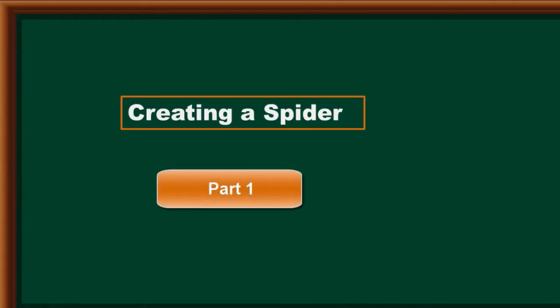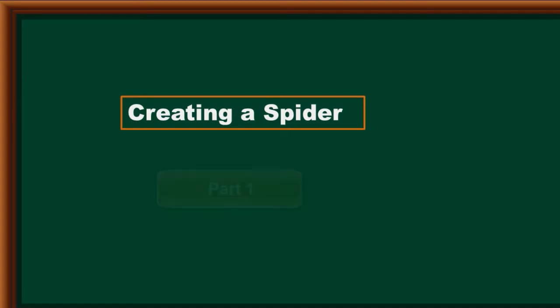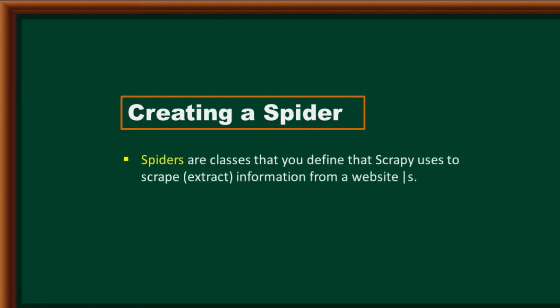We are going to create a spider. What are spiders? Spiders are classes that you define and that Scrapy uses to scrape or extract information from a website or a group of websites. In order to create a spider, the spider must also subclass the Scrapy.Spider class.